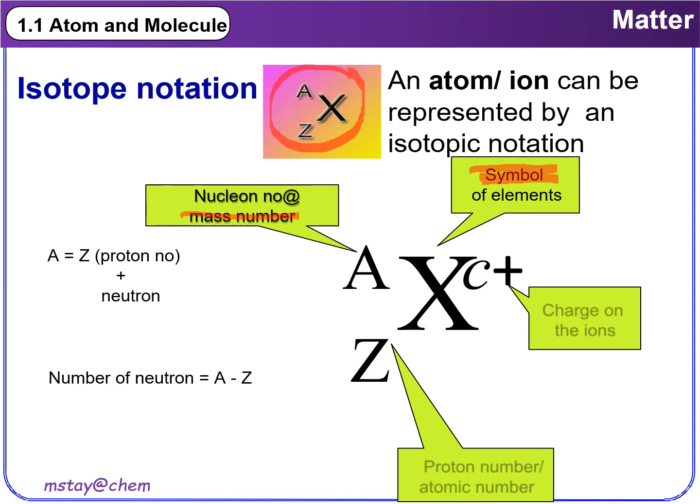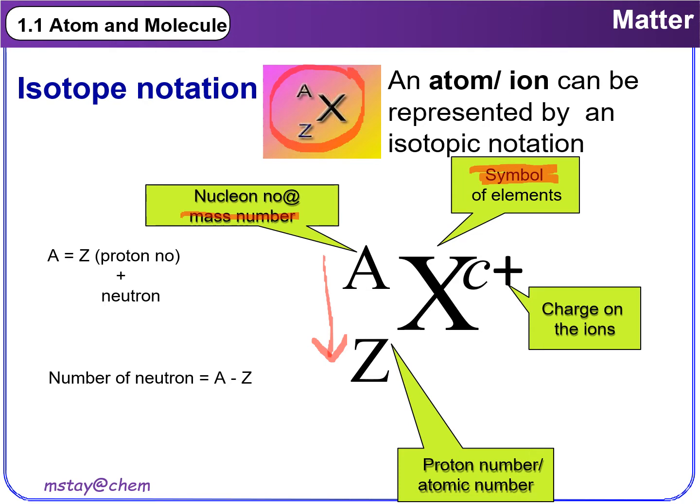The third is the proton number, also known as the atomic number, which in the general isotope notation is represented by Z. For me, I remember from top to bottom as A to Z. The last piece of information in the isotope notation is the charge of the ion.